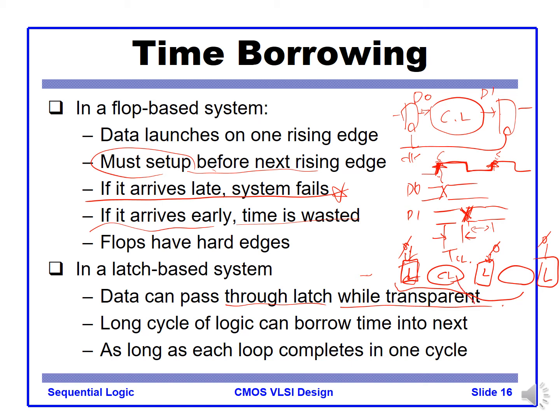So CL1 and CL2 together must complete within one cycle, but between those two, we can borrow timing from one to the other, right? Inside the flip-flop are a master latch and a slave latch. We are moving the slave latch into the middle of the combination logic in a flip-flop system.